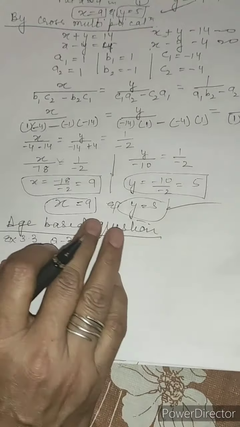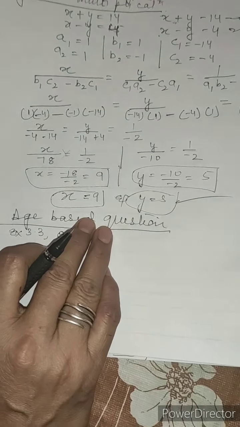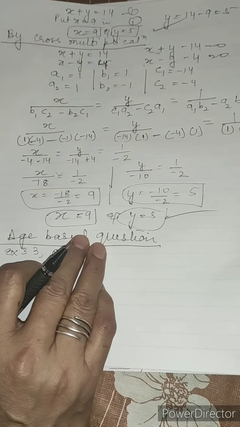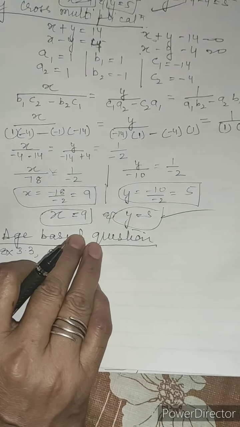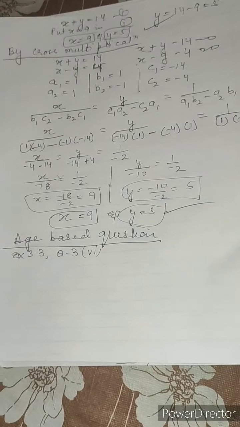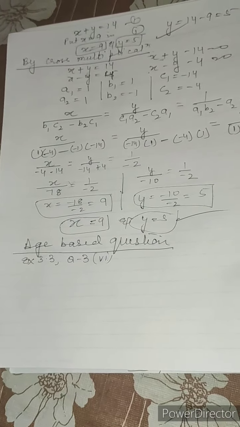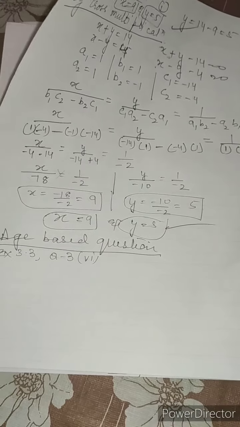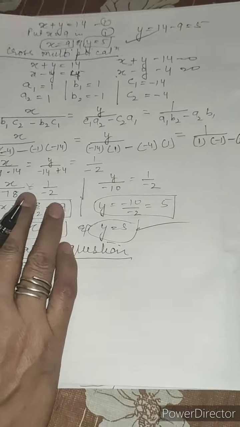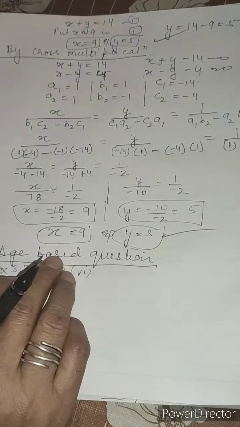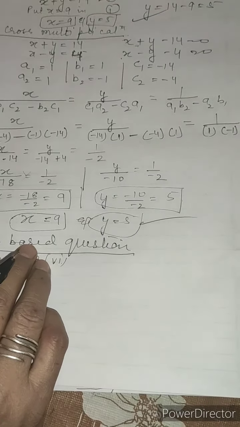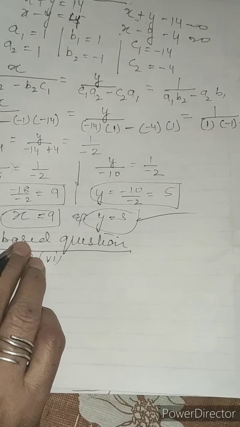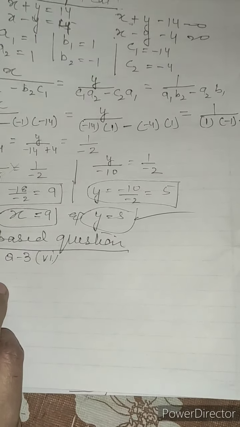You can see it's an age related question, and here in the question, if you open the book, it says that 5 years hence the age of Jacob will be 3 times that of his son. 5 years ago Jacob's age was 7 times that of his son. What are their present ages?